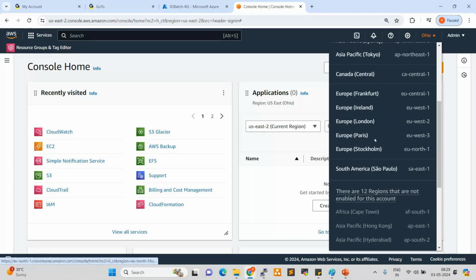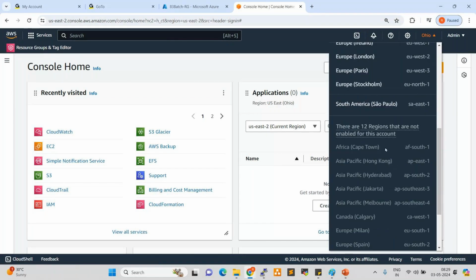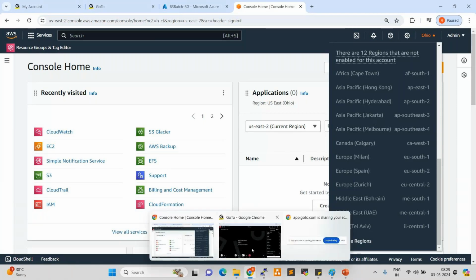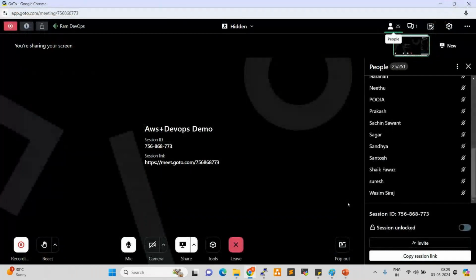Across the globe we have multiple data centers, not only one. Even Azure has data center footprints across the globe.